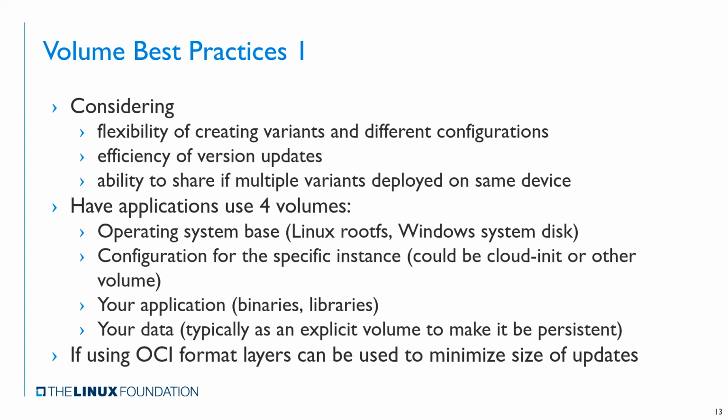And then the other one is the efficiency when you actually do updates. So if there's an update to your base operating system, how does that roll out, and how frequently does that happen compared to you improving your application, or changing the configuration of some particular device? How often does that happen, and what's the process for that?